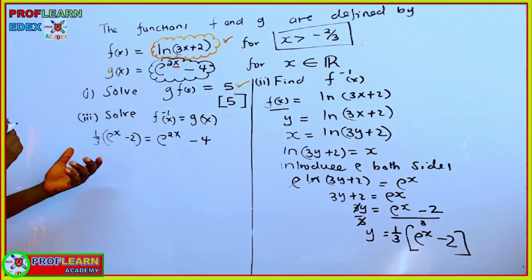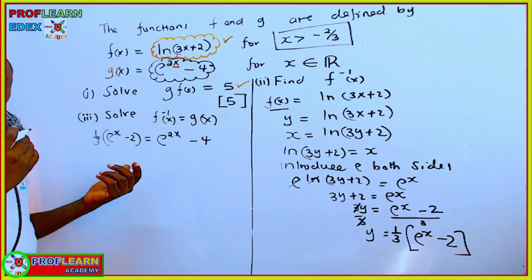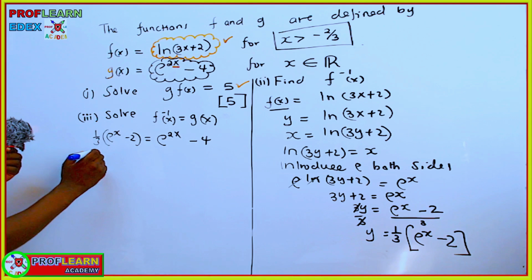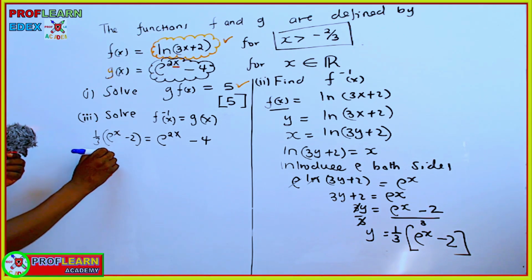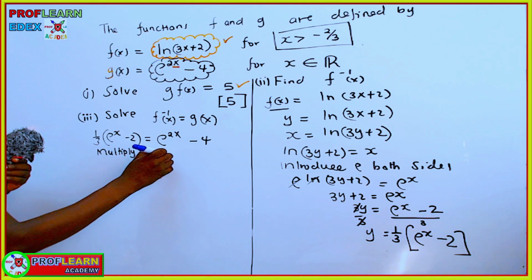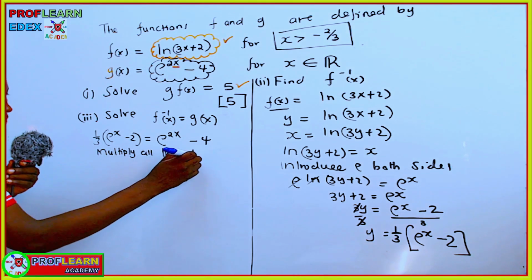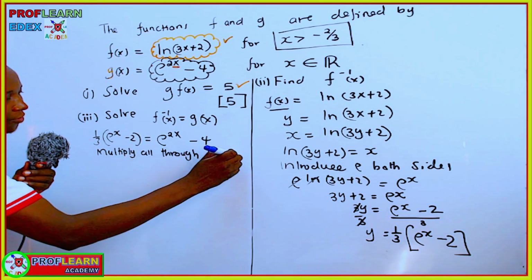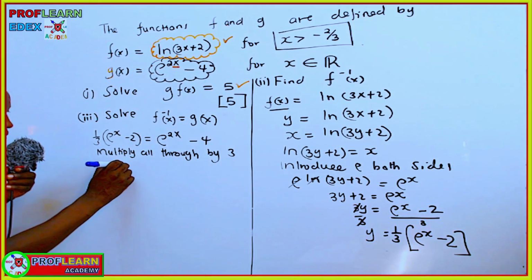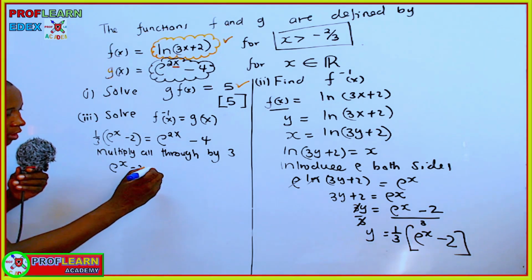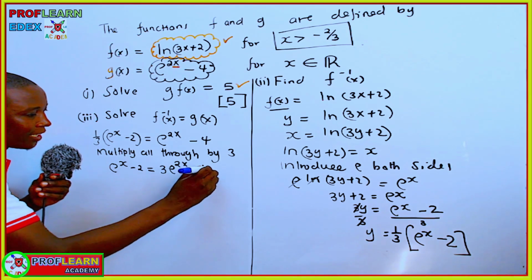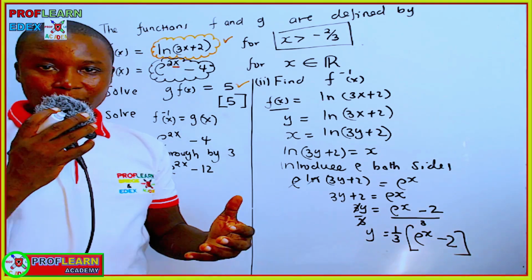Now, in order to get rid of the fraction, a third, I'm going to multiply all through by 3. What are we going to have? We are going to have e to the power x minus 2 equals 3 e to the power 2x minus 12.